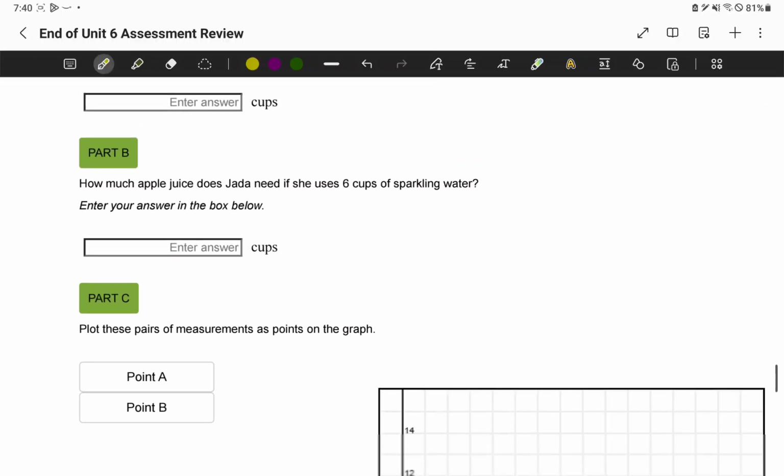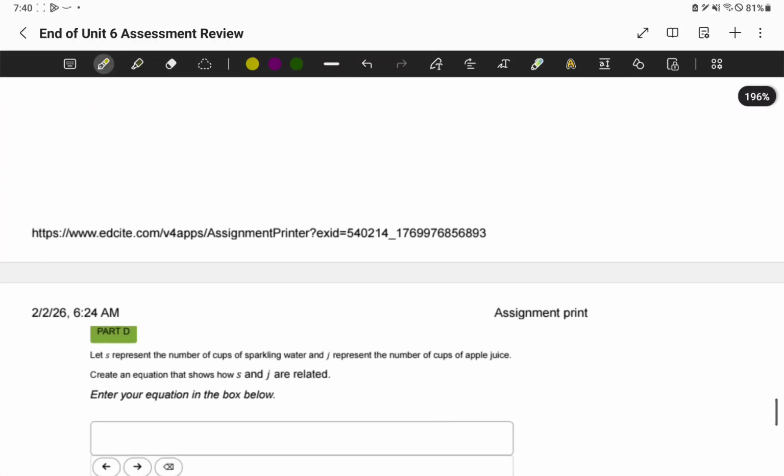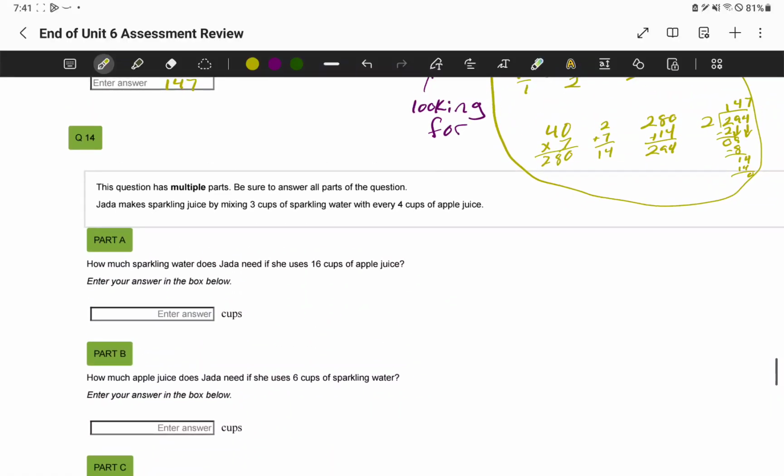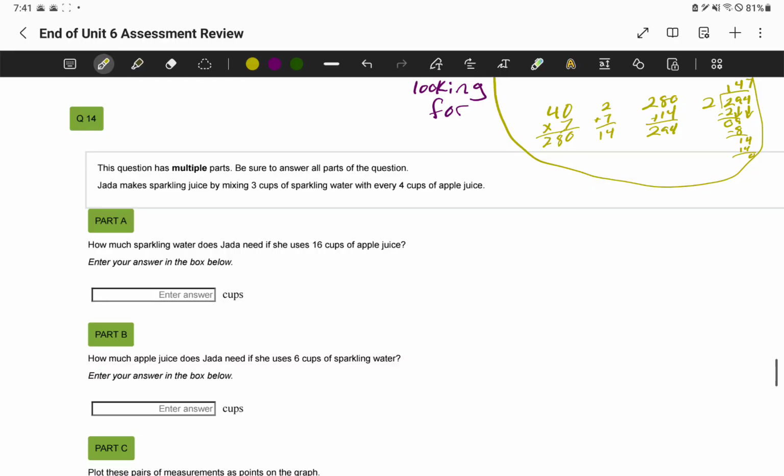Okay, and now for the last question, there are 4 parts to this question. All right, so Jada is making sparkling juice by mixing 3 cups of sparkling water with every 4 cups of apple juice. So I'm going to make a table.